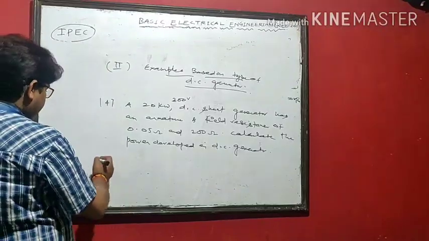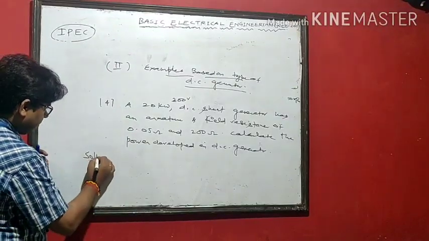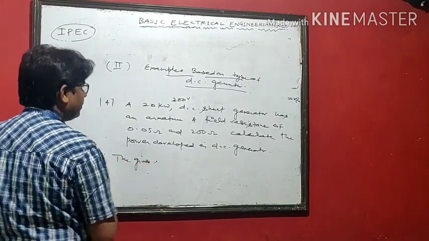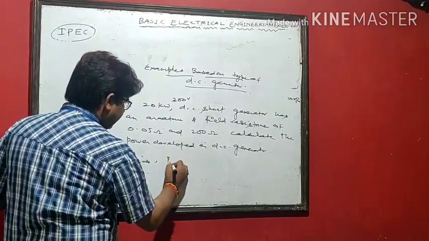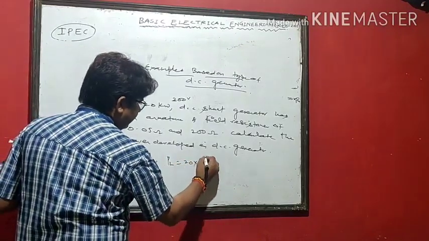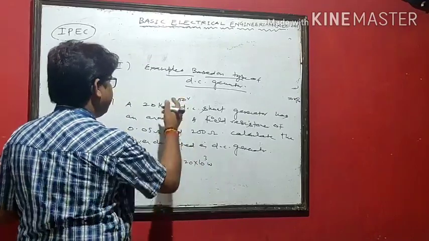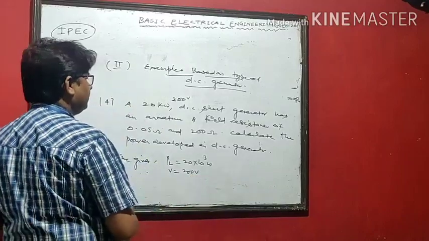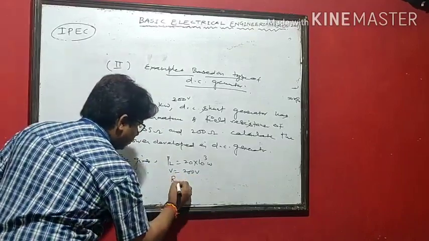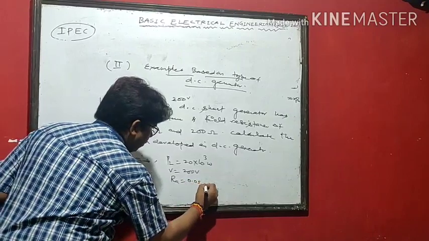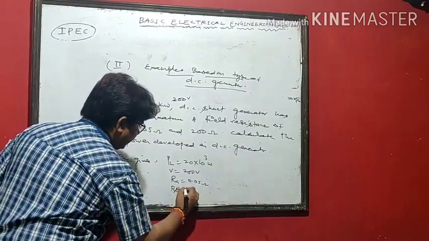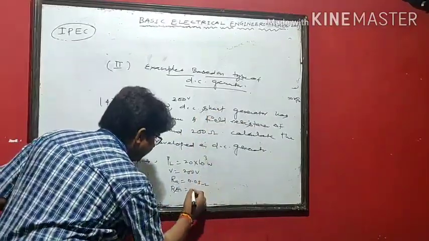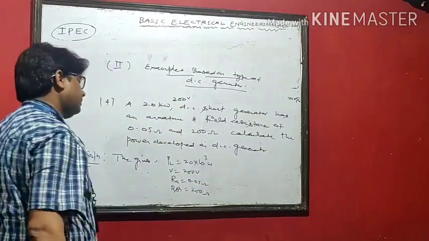So first, the solution. The given: PL, that is load power, 20 kilowatt, 20 × 10 to the power 3 watt, and V equal to 200 volt, and RA equal to 0.05 ohms, and RSH, that is shunt field resistance, because it is a DC shunt generator, 200 ohms.